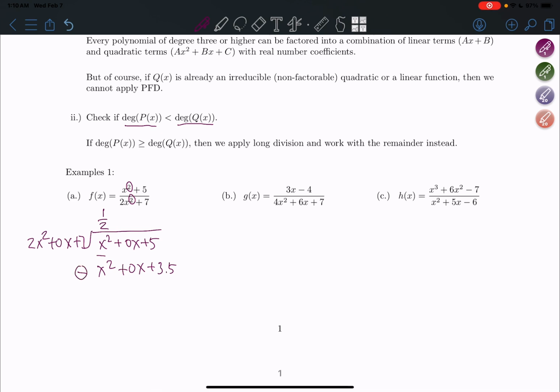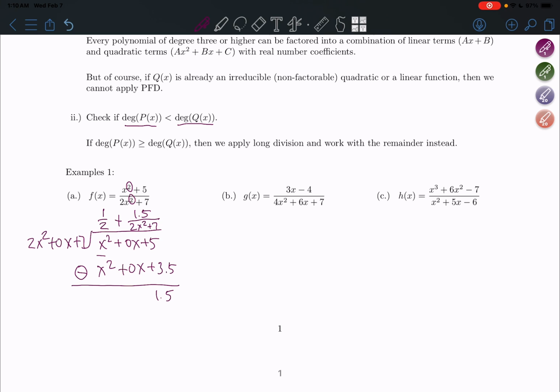But anyways, in this case, I'm going to go ahead and subtract. x squared minus x squared goes away. 0x minus 0x also goes away. 5 minus 3.5 equals 1.5. And that's my remainder. But remember, you don't write your remainder just like 1.5, that's like good old third grade. Here, you actually write that as plus 1.5 over 2x squared plus 7.